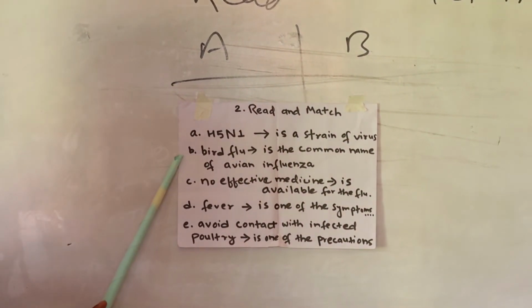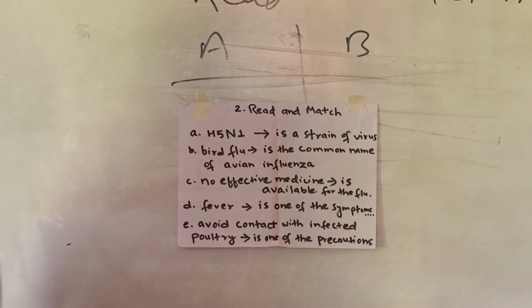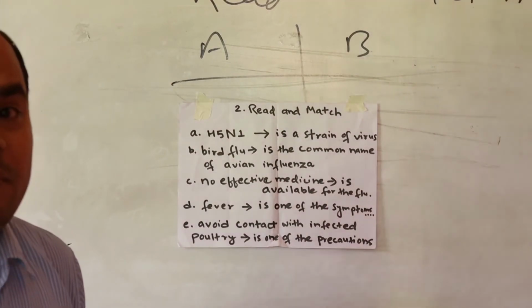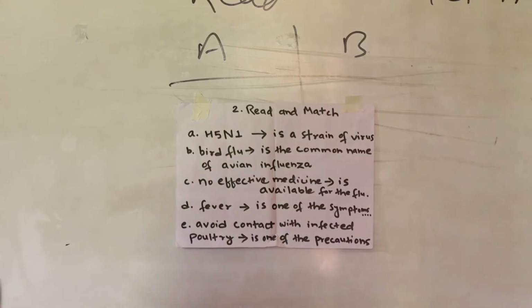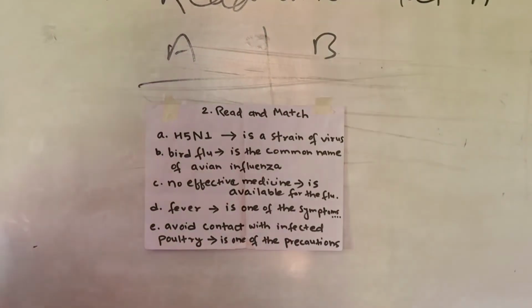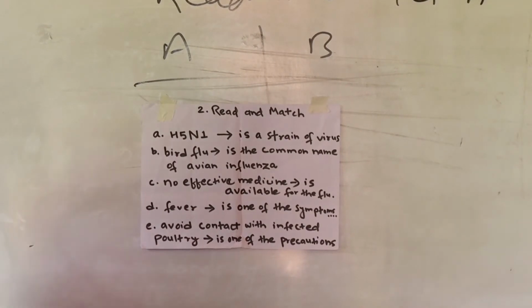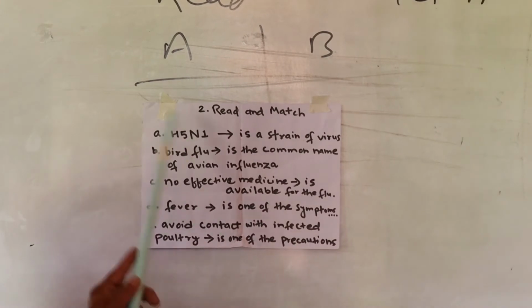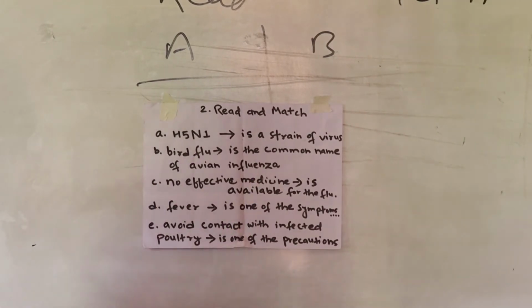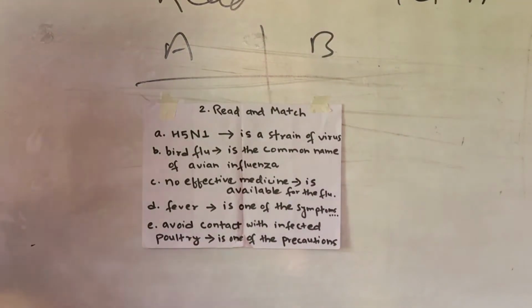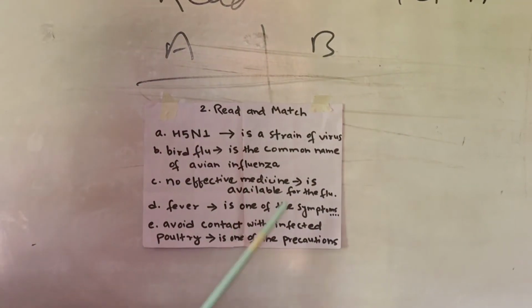Second one, bird flu. Bird flu is a common name, a common term for avian influenza. This is also in the book, and you can see B is matched with the opposite item in column B. And C, no effective medicine.